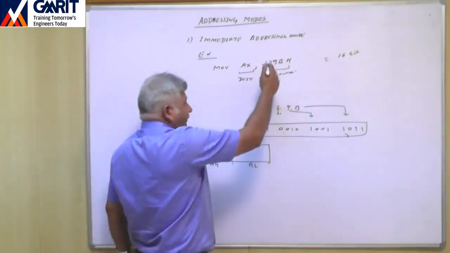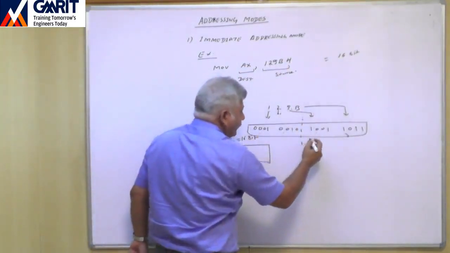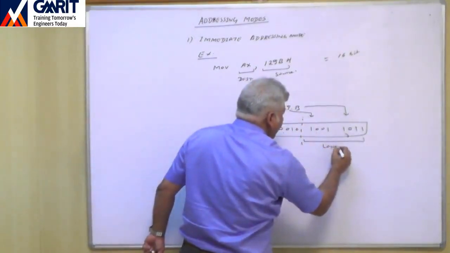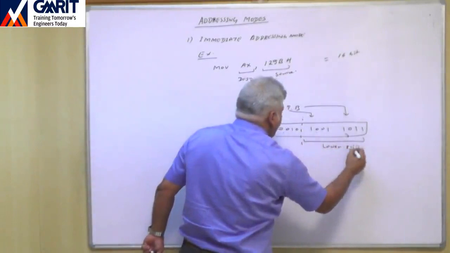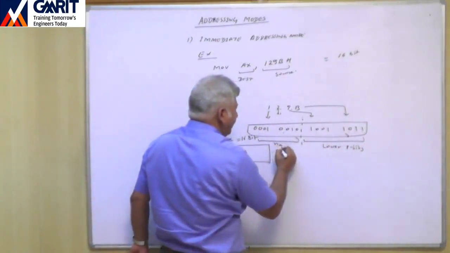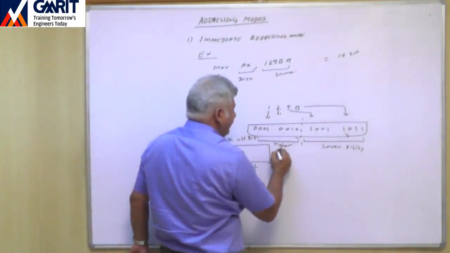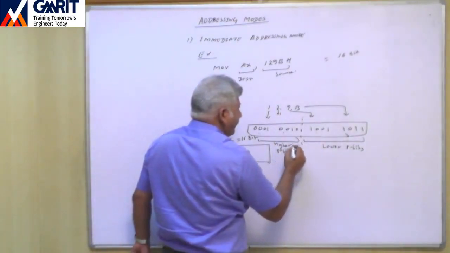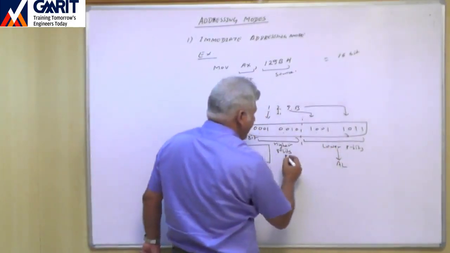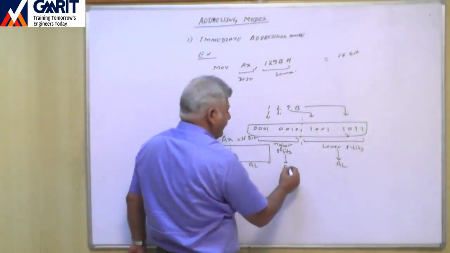These are the lower 8 bits and these are the higher 8 bits. The lower 8 bits will be stored in AL and the higher 8 bits in AH.